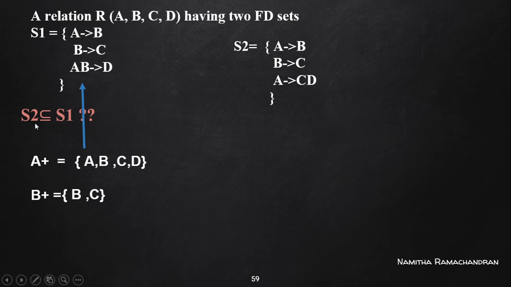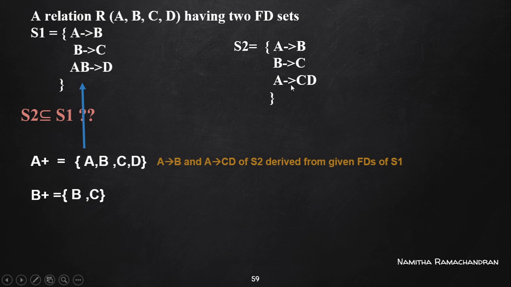Which one is the subset? S2. So the first dependency here is A implies B. The LHS part is A, so move to the closure of A. The presence of this B indicates that this A implies B of S2 is derived with the help of our set of dependencies of S1.